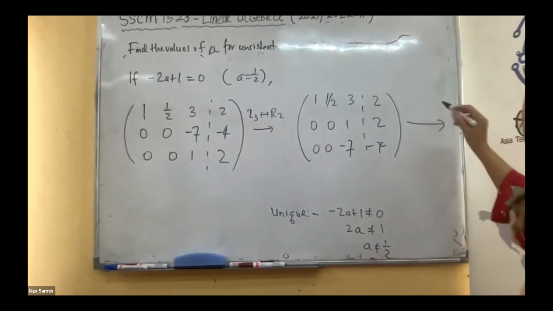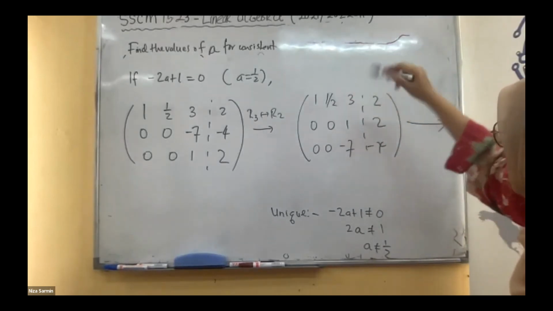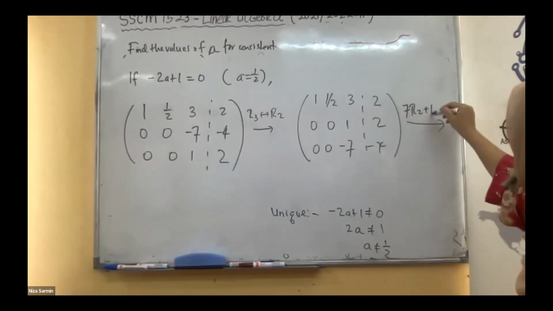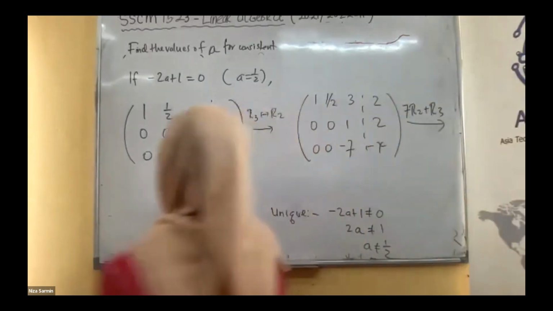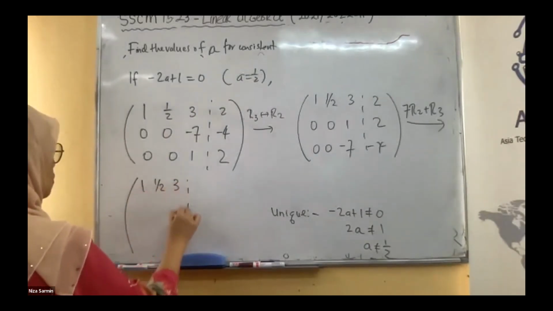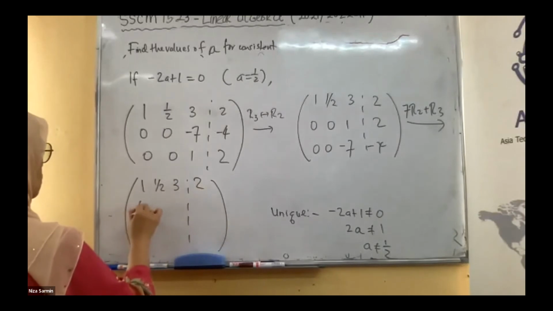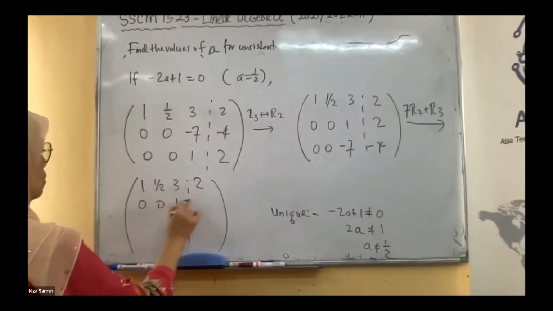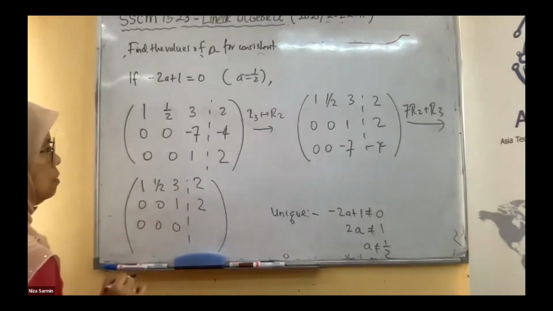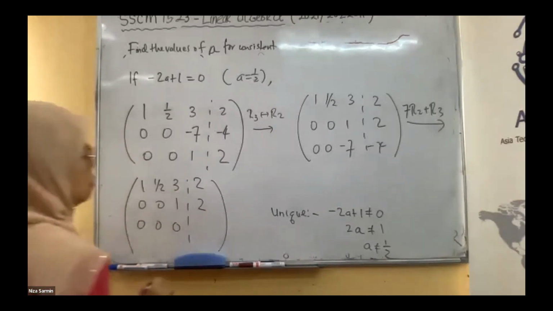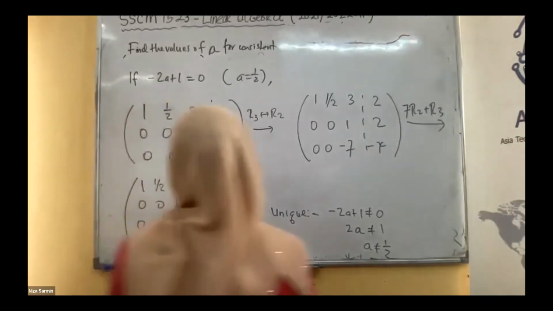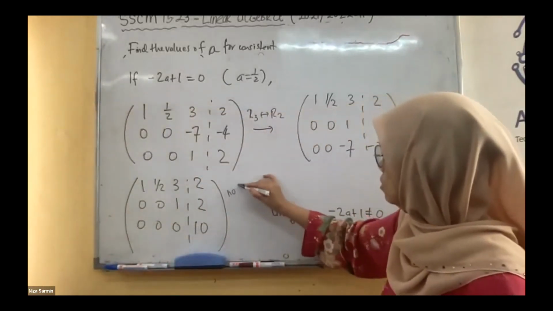And lastly, I just do down, yeah? I don't do top. 7 row 2 plus row 3. 14, 10, right? Okay, so this means no solution.